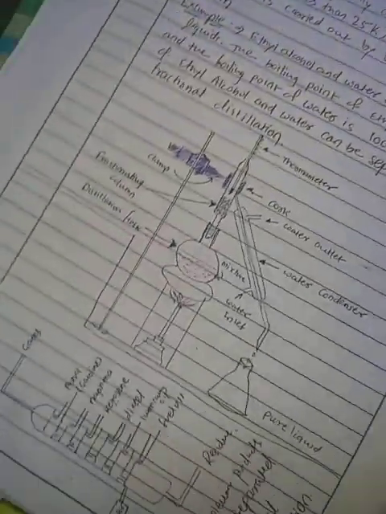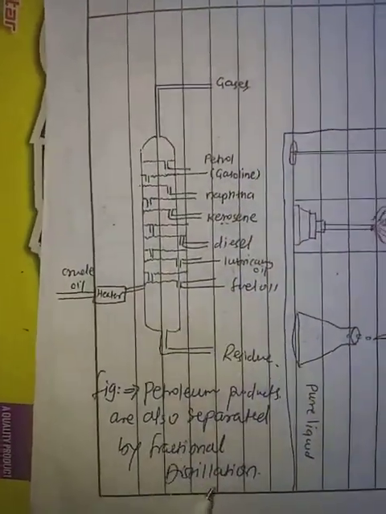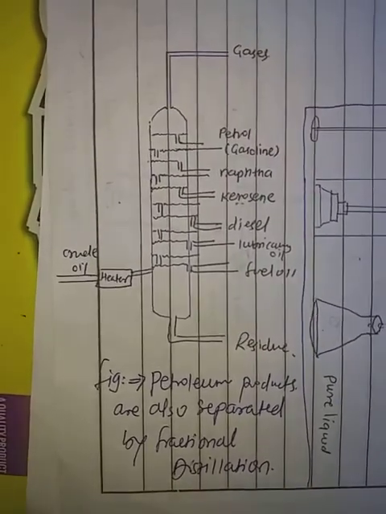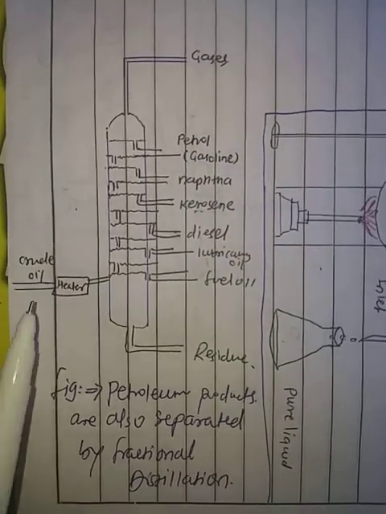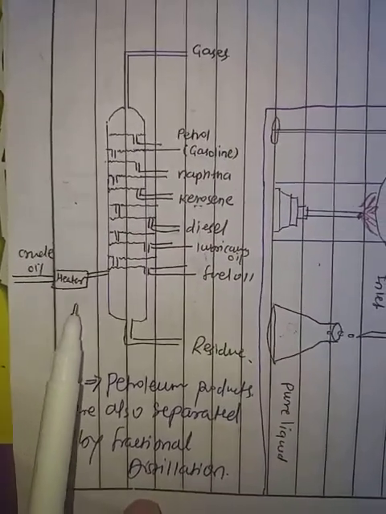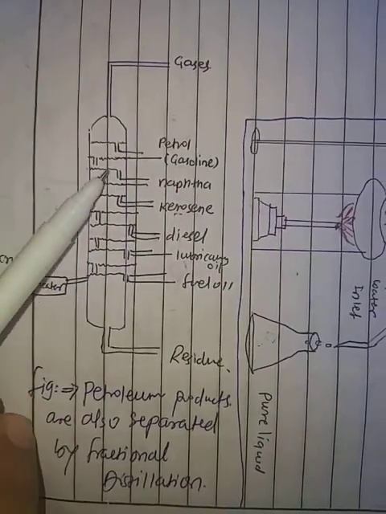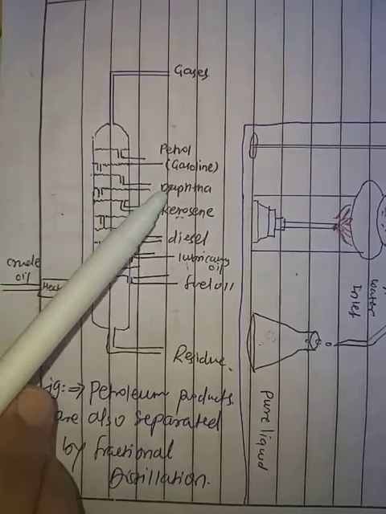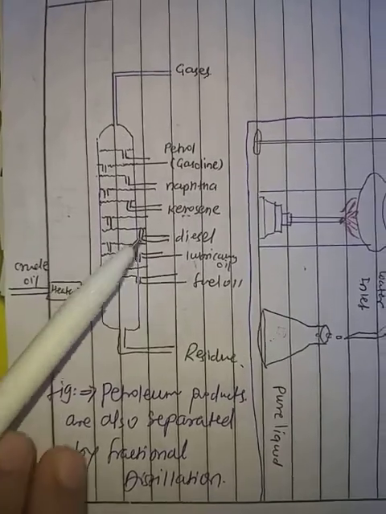We can observe one more thing here: petroleum products. These petroleum products are also separated by fractional distillation. First, as you know, petroleum products come from crude oil. Once you apply a heater, we get different fractions, different useful and important petroleum products.